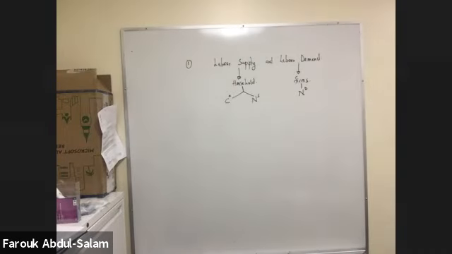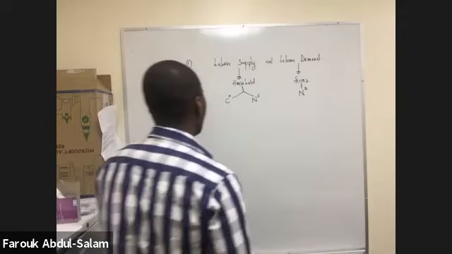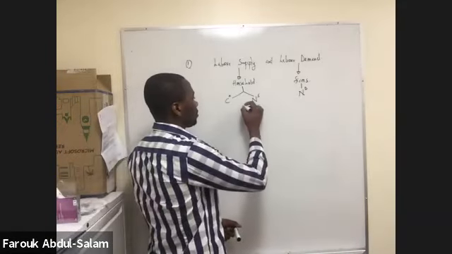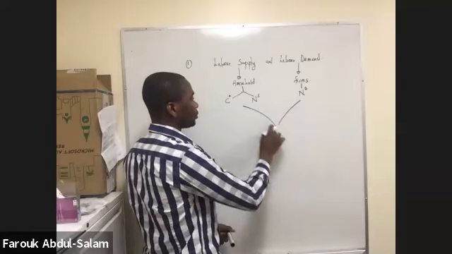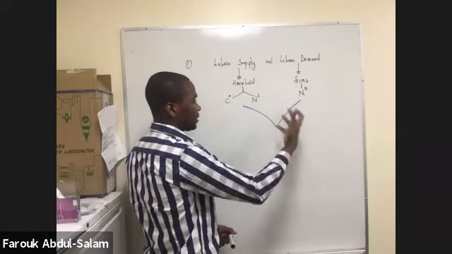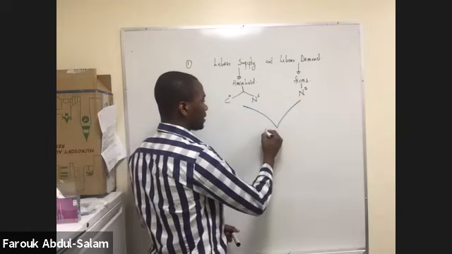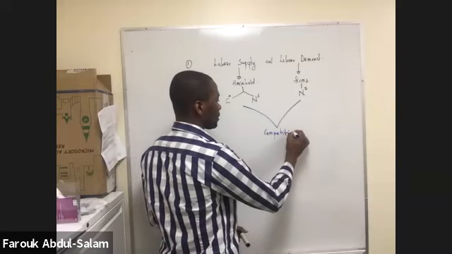So this has been the main thing that we started, I believe, 2 weeks ago. Having said that, we also went a step further to define what a competitive equilibrium is.